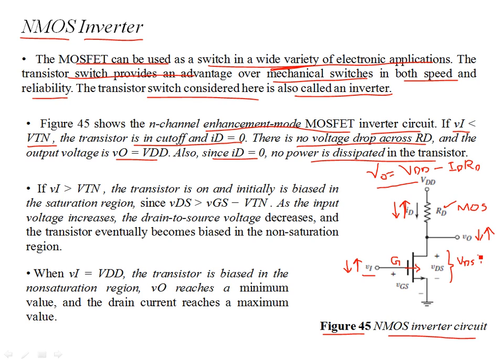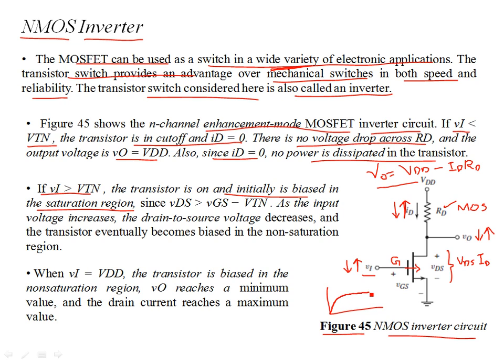So when there is no current, there is no power dissipation. If your input voltage is greater than the threshold voltage, the transistor is on, and initially it's biased in the saturation region. Why we favor this condition is that as a switch, it has to ensure that the current is constant regardless of VDS and other operating conditions of MOSFETs.